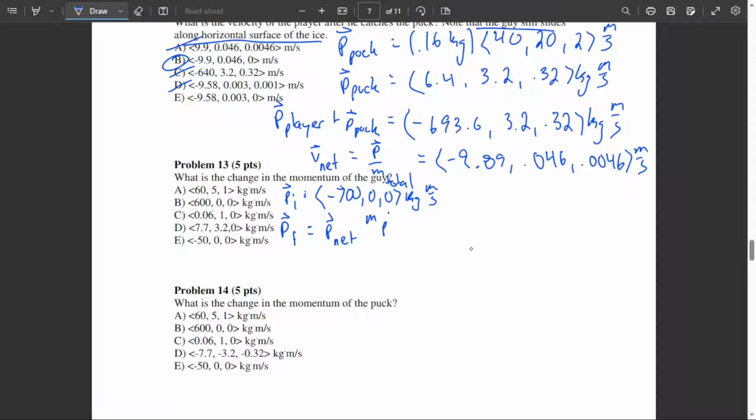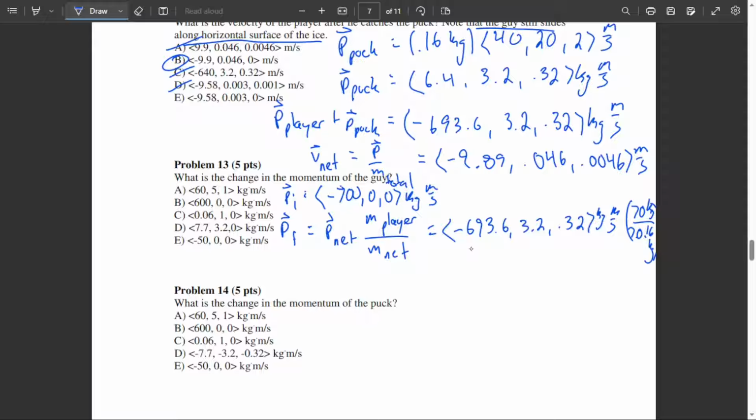So mass of the player over the net mass. This gives us minus 693.6, 3.2, 0.32 kilogram meters per second, and then multiply that by 70 kilograms over 70.16 kilograms, running out of space.